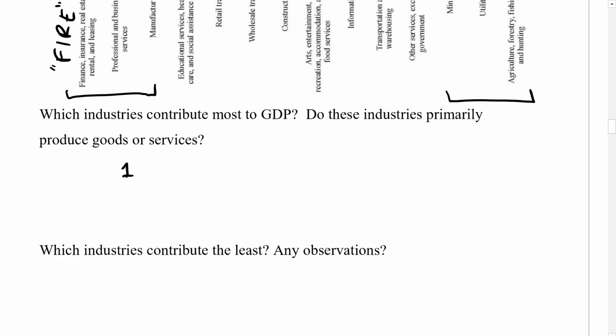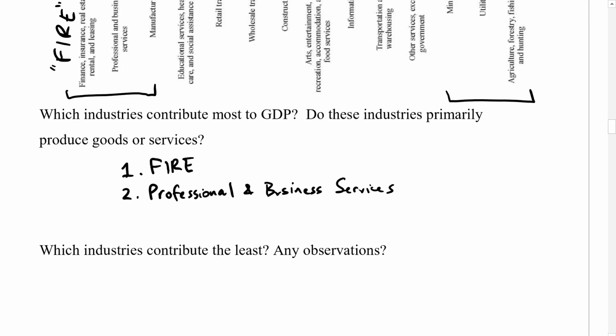The top three industries are FIRE, which is going to be, well, let me write the second one first: professional and business services, as we see, and manufacturing, which I'll abbreviate.